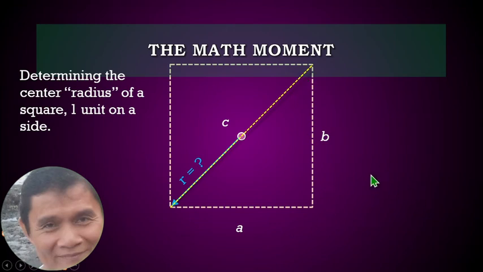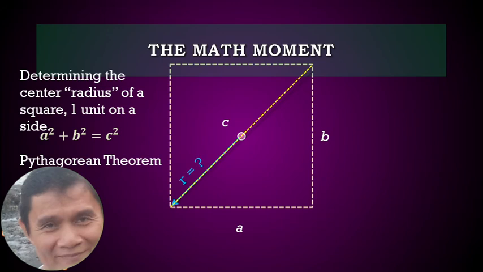And usually a right triangle has a solution referred to as the Pythagorean theorem. Now, if A and B happen to be equal to 1, the value of C is just the square root of 2. So, A, 1 squared plus 1 squared equals 2, which is equal to C squared. Therefore, C is the square root of 2.